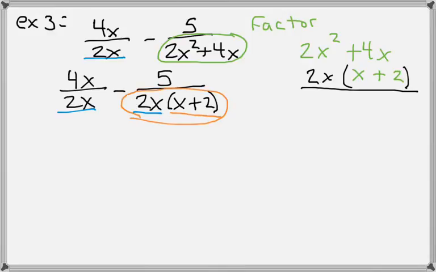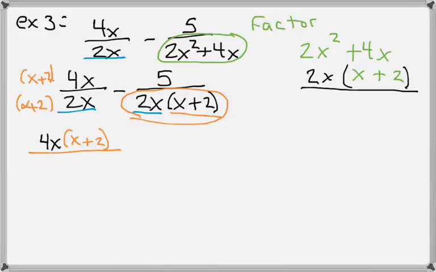So what am I going to do to the first fraction to get that as a common denominator? I'm going to have to multiply it top and bottom by that x plus 2. So when I do that, I'm going to go ahead and switch the order so that it looks like what we're used to looking at. We have a 4x, and then it's going to be times that x plus 2.